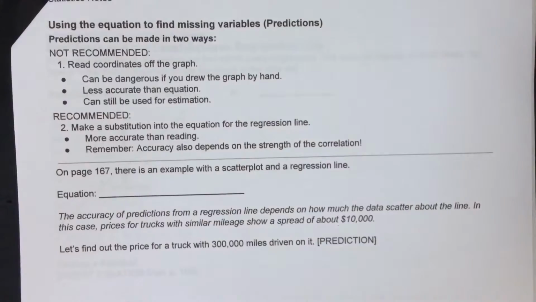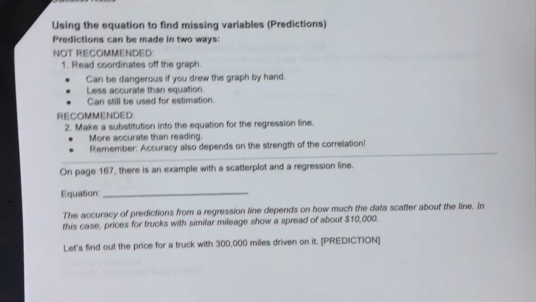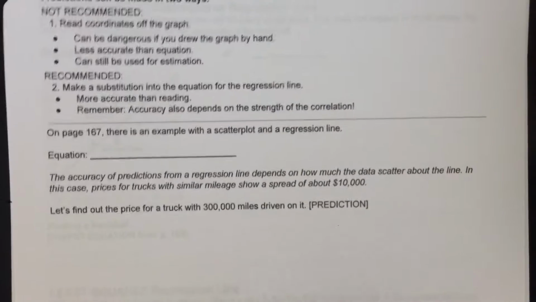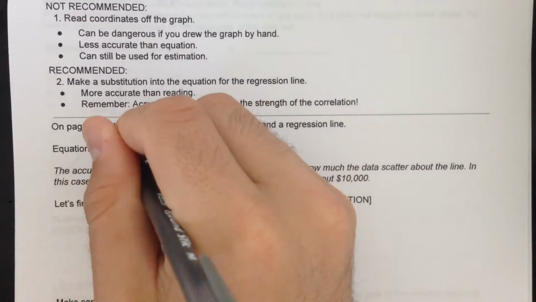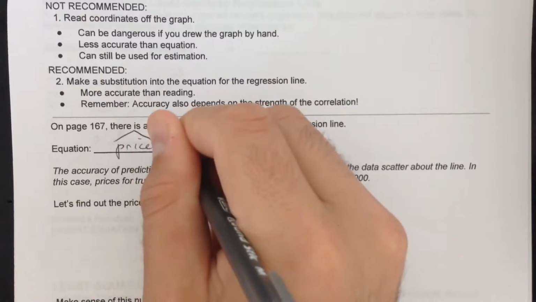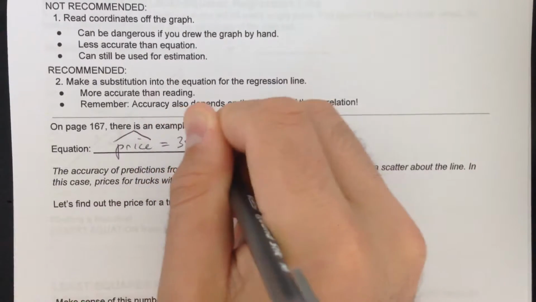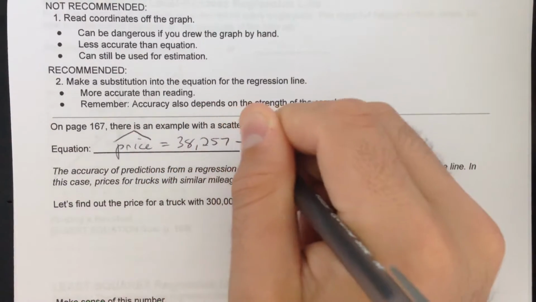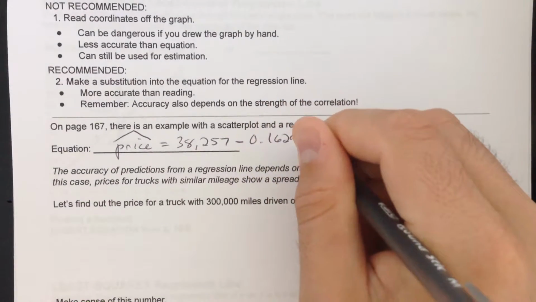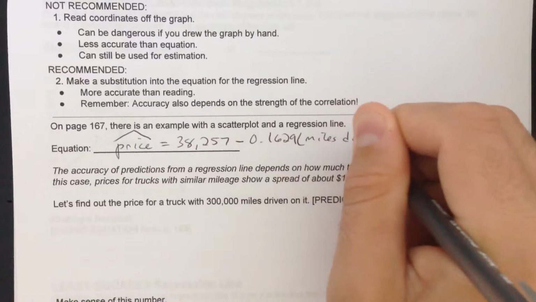All right, on page 167, there is an example with a scatter plot for trucks and their price versus their mileage. The equation is written like this. Price hat equals 38,257 minus 0.1629 times miles driven.